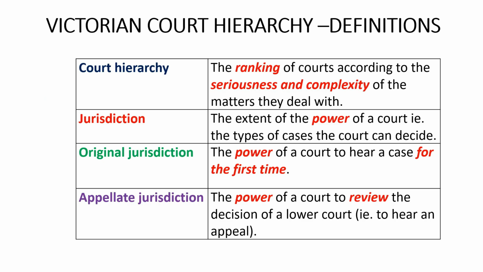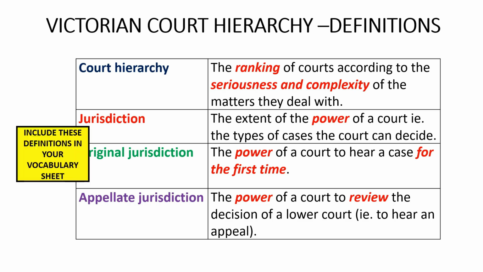Here are 4 very important definitions that you should be familiar with from our work on the Victorian criminal court hierarchy. In your vocabulary sheets, look down the left-hand side, find each of these defined terms, and opposite the relevant term, write in the corresponding definition. The first term that you need to be able to define is court hierarchy.